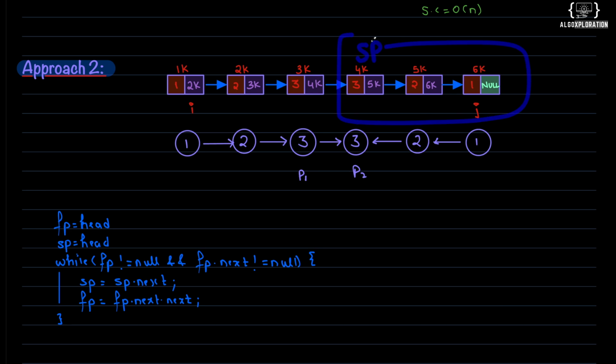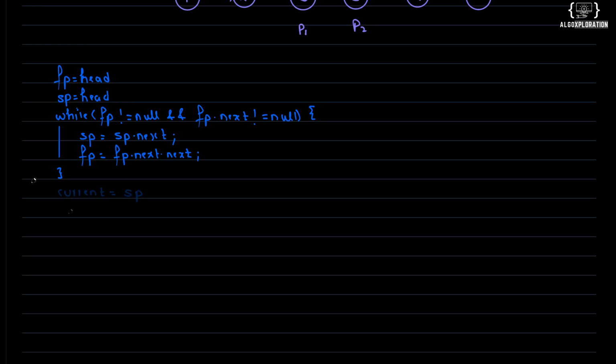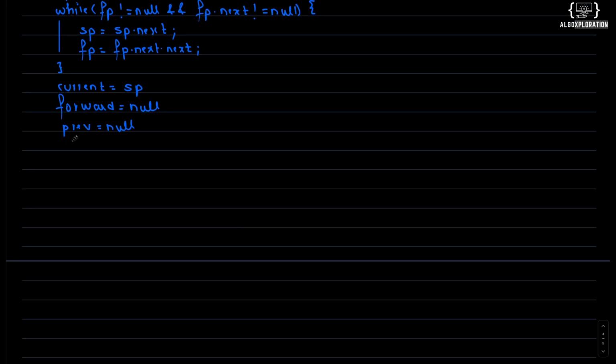Now the slow pointer will be the current node, the forward will initially be null, and the previous will also initially be null. Now I'm going to reverse the half part.